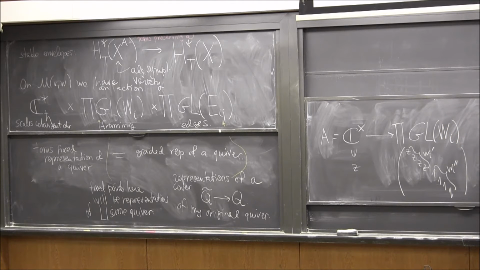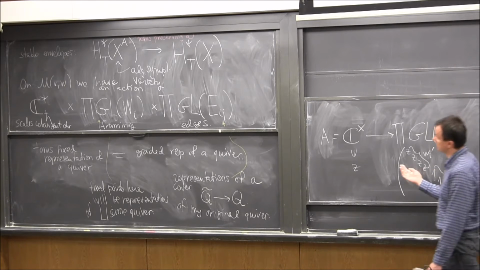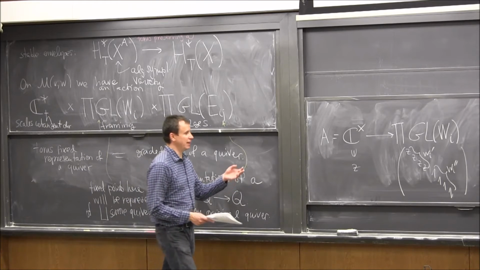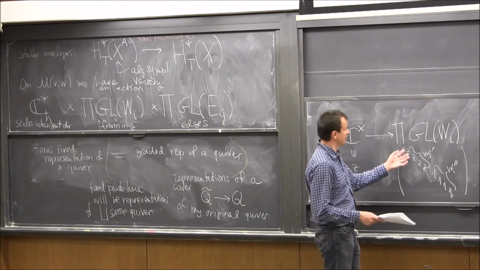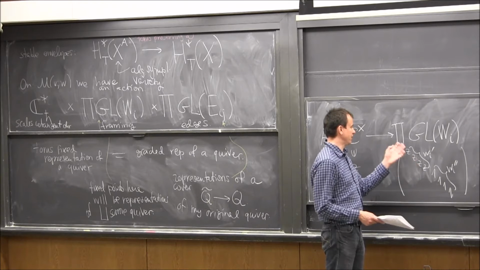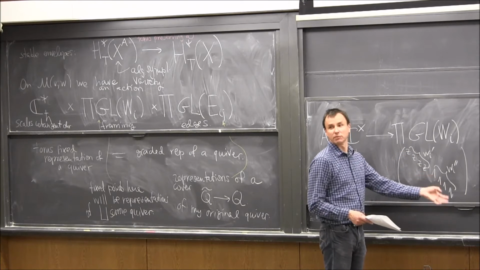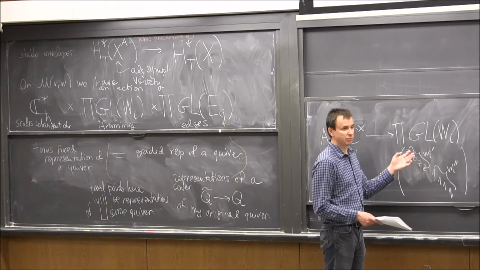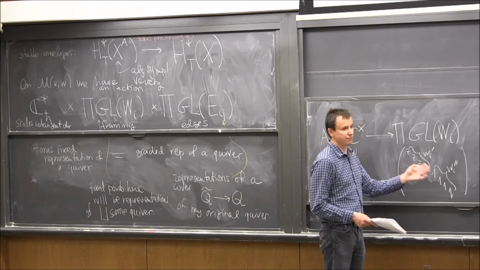Of course, W_i prime plus W_i double prime equals W_i. Then it's a graded representation: every space of my representation I have to split into something of weight z and something of weight 1, and the maps just go between things of weight z and things of weight 1.